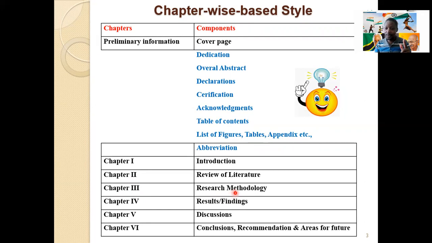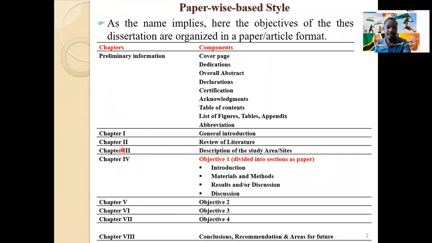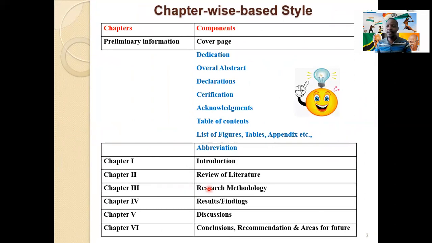It differs from that one. Let's check here. When you were looking at chapter 3, it was descriptions of the study sites. But here, chapter 3 is a research methodology. Now, in this research methodology, you are going to explain about the study sites.